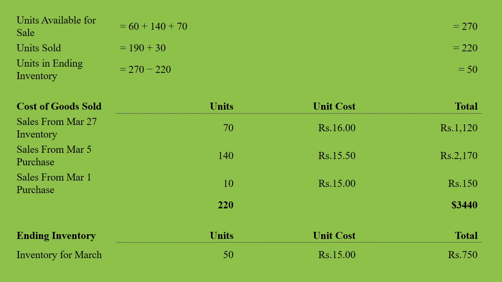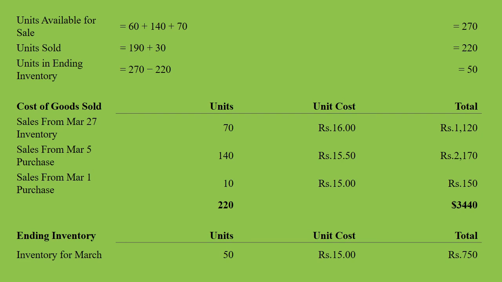The second aspect is the cost of goods sold. We have two sales made in the month of March, on March 14th and March 29th. On the 29th we sold 30 units, and on the 14th we sold 190 units.